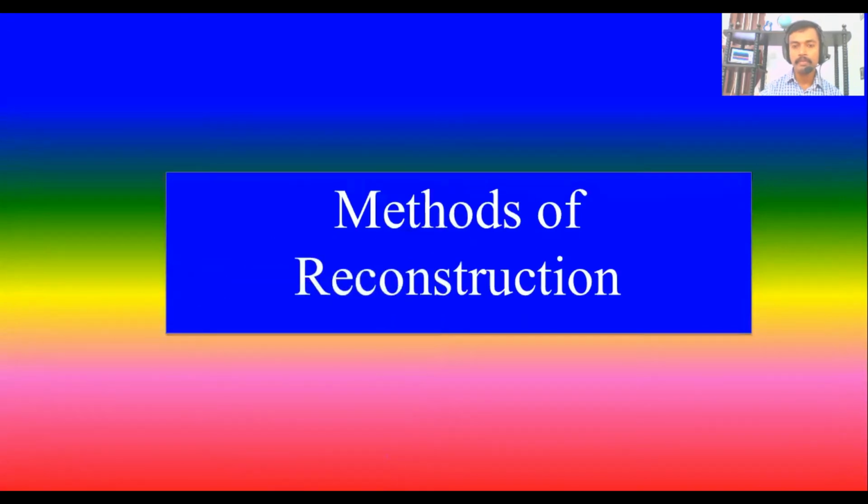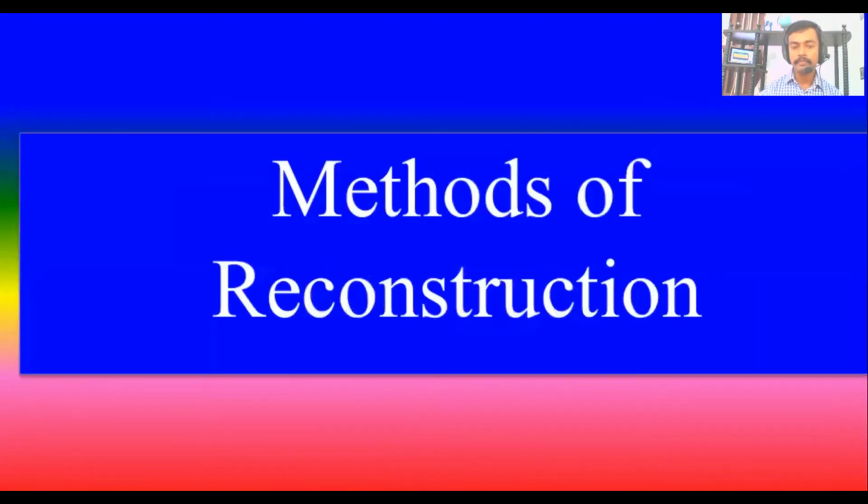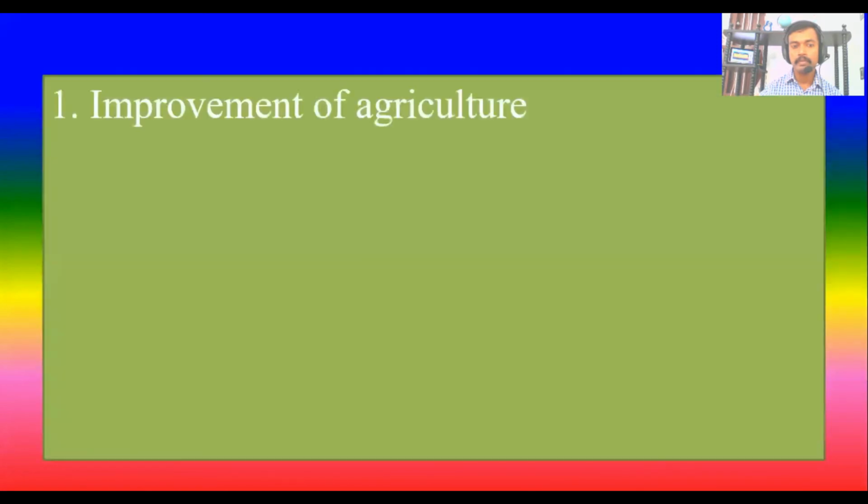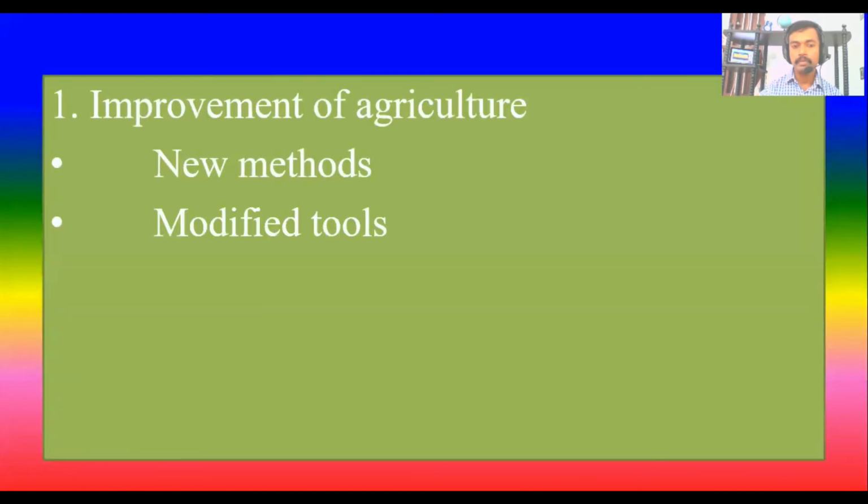Then methods of reconstruction. First, improvement of agriculture: new methods should be used, then modified tools, organized farms. Small farms are the main problem, so farmers should come together, coordinate their work and cultivate together. New methods concerning modern biotechnology should be used.